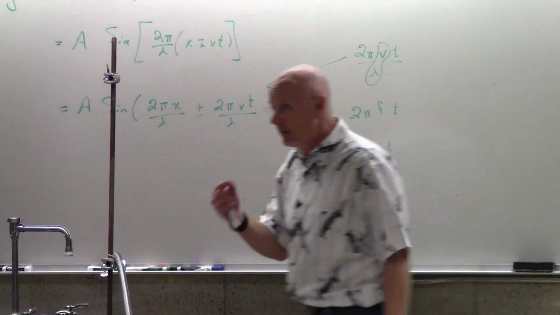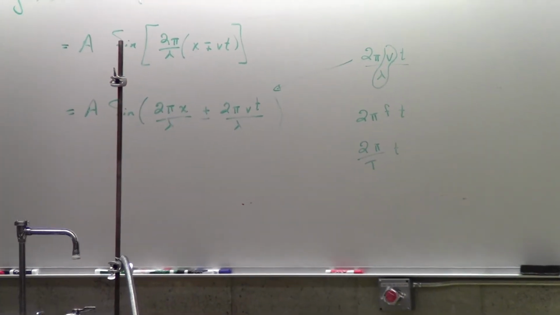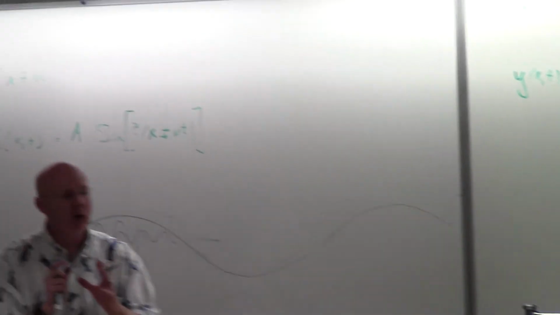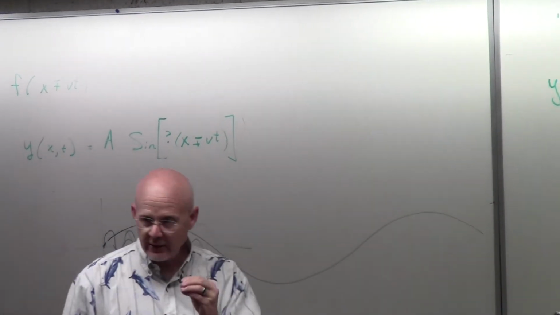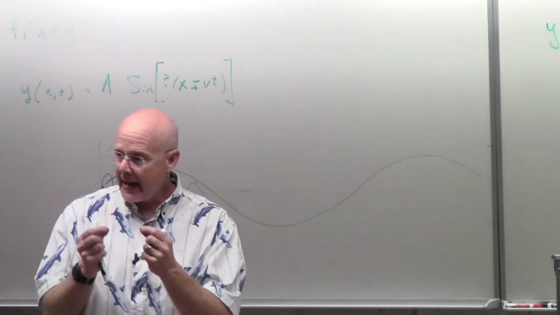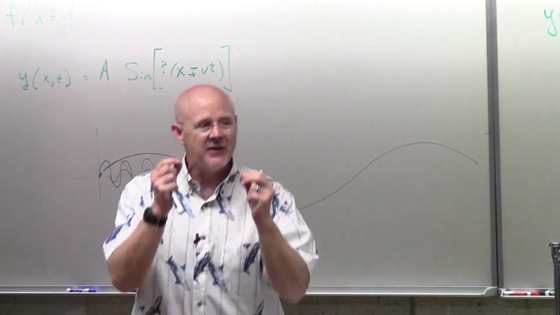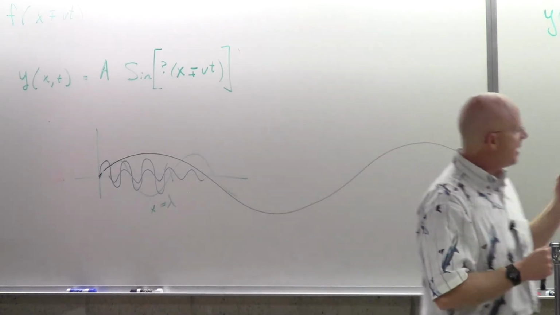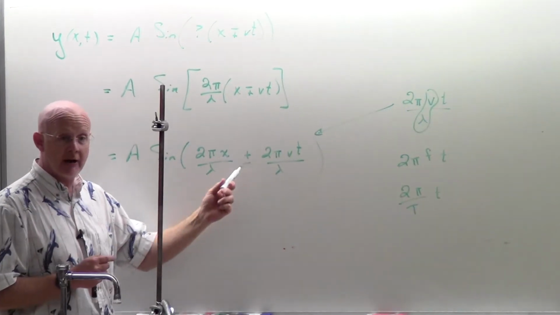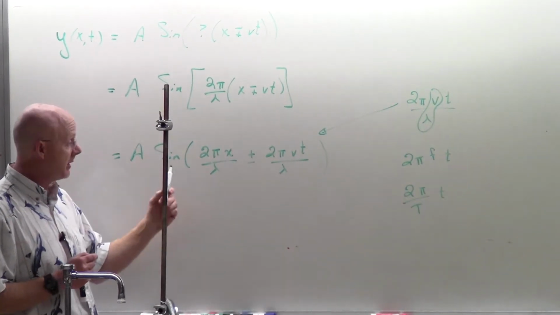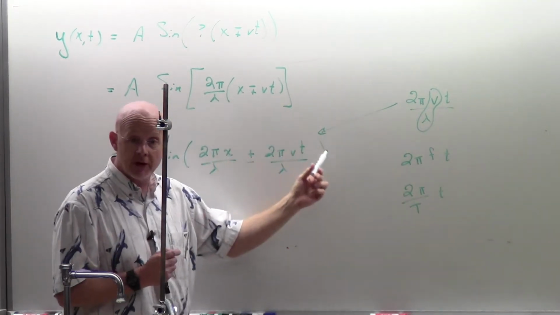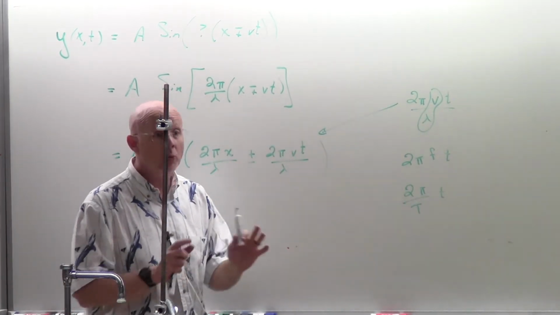So this number out in front, this 2 pi over lambda, is exactly what I need. That 2 pi over lambda will be a number that is related, of course, to its wavelength and related to its period. It's the number needed in order to make sure that it repeats itself in 1 wavelength in space, and it repeats itself in 1 period in time. And so it works out perfectly.